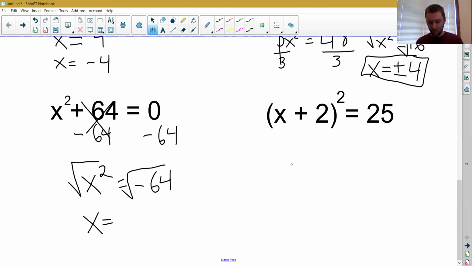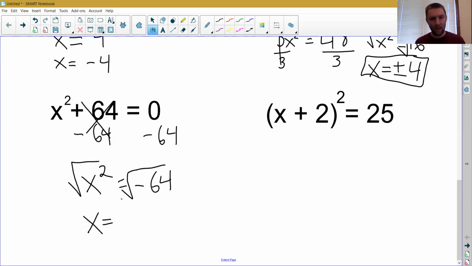If I do the square root of negative 64, I get a domain error, right? A domain error when I square root negative 64. Because remember, I'm not allowed to square root a negative number because they don't exist, right? There is no number that when I multiply it by itself is going to give me negative 64.